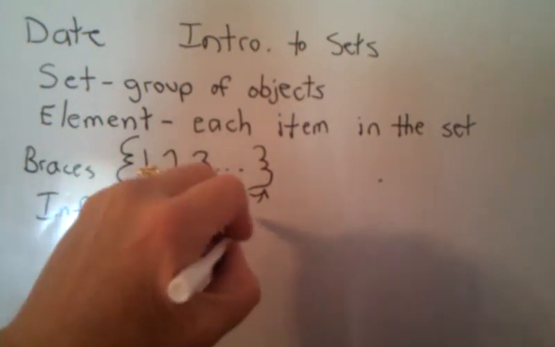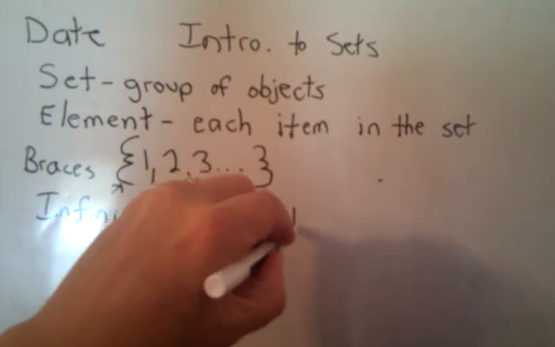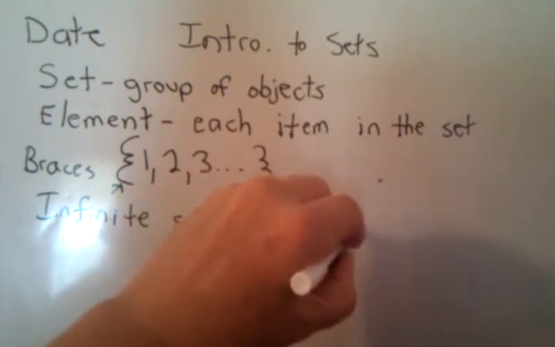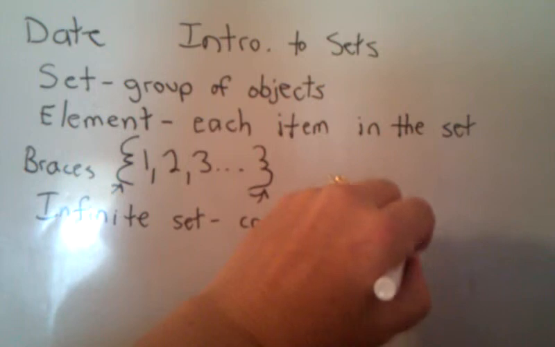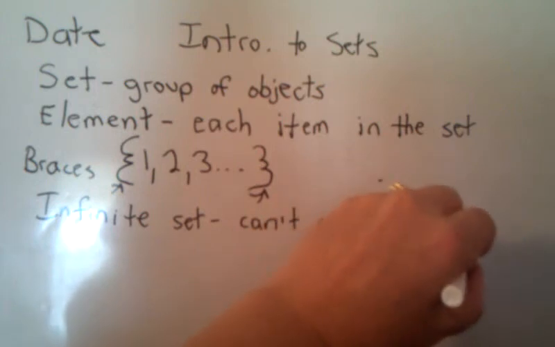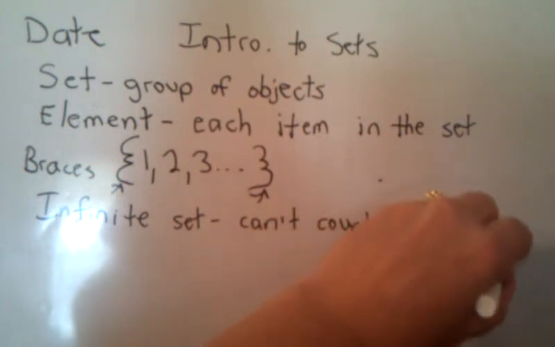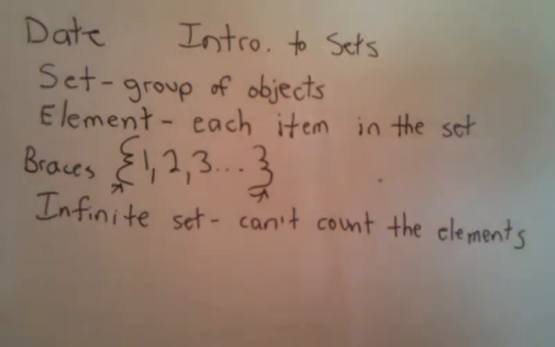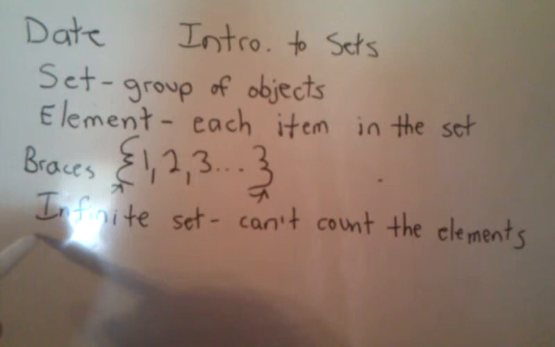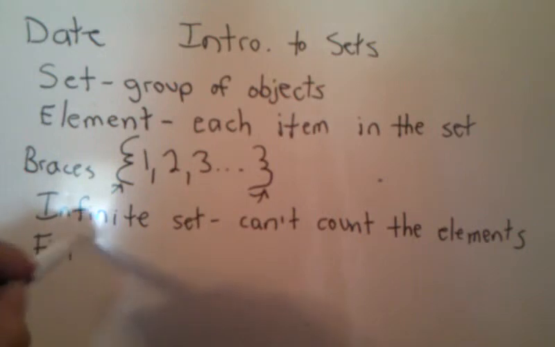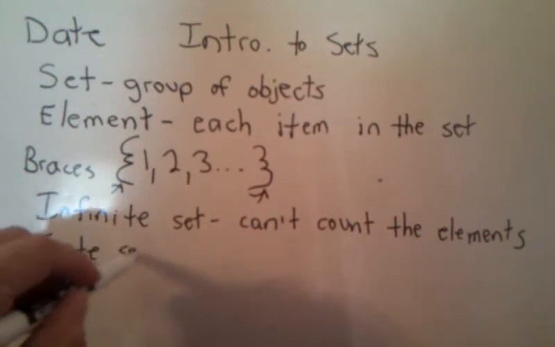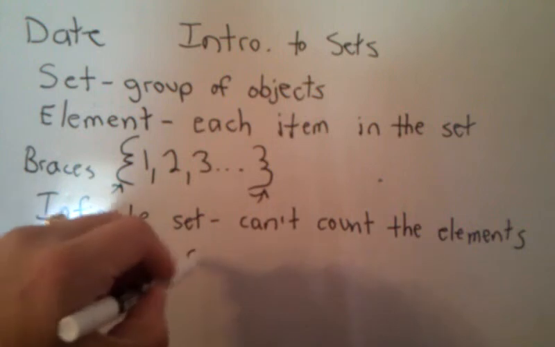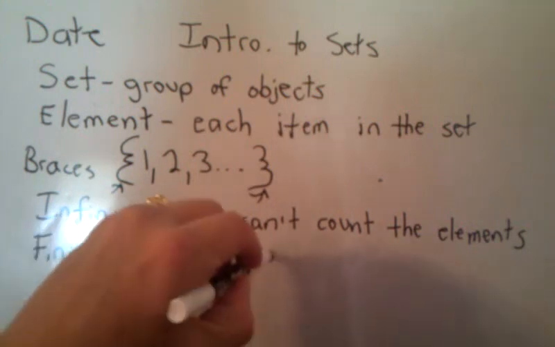Infinite set means you can't count the elements. You can't count them because they go on and on and on. Numbers keep continuing. They never stop. A finite set would be the opposite. You can count the elements.